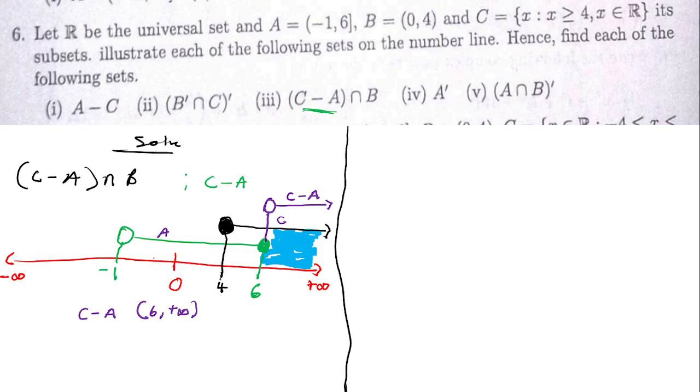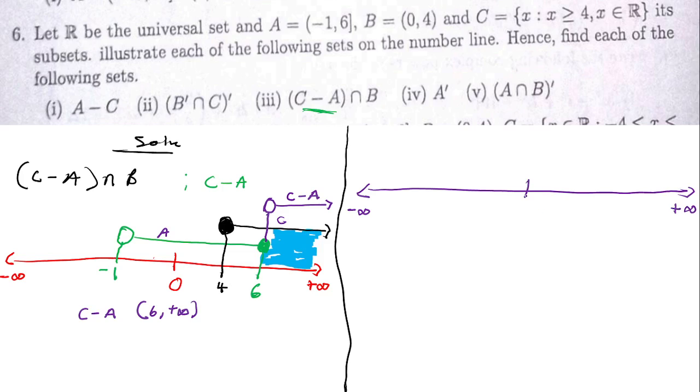Then from that, what you can easily do now is to find C minus A intersection B. So you are going to represent C minus A on a number line with B. So let's quickly do that and look at how the final answer will look. So you have that, you also have that. So this is negative infinity and that is positive infinity.